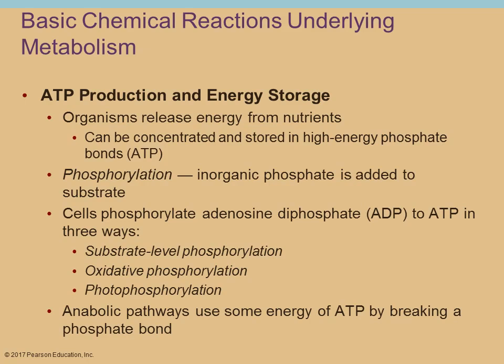So as the cell breaks the nutrients it takes in, like glucose, down, that's releasing energy that the cell can then use. The term phosphorylation just refers to adding a phosphate to a substrate. You're sticking the phosphate somewhere on. There are different ways that cells can add phosphate to ADP to form ATP. It can be substrate level phosphorylation, oxidative phosphorylation, or photophosphorylation.